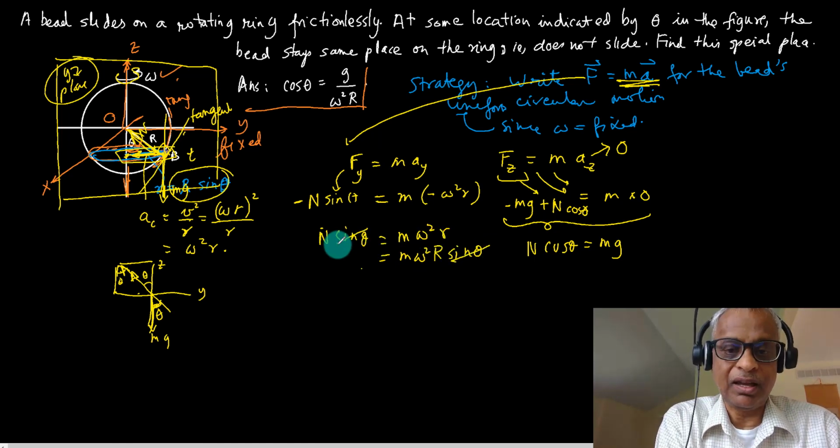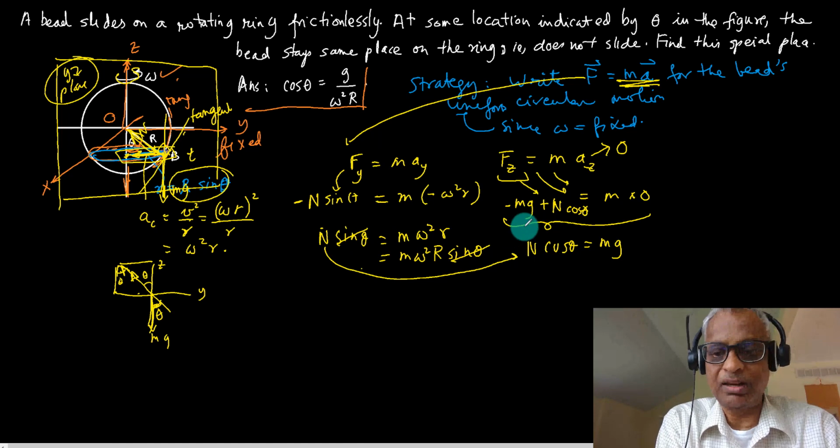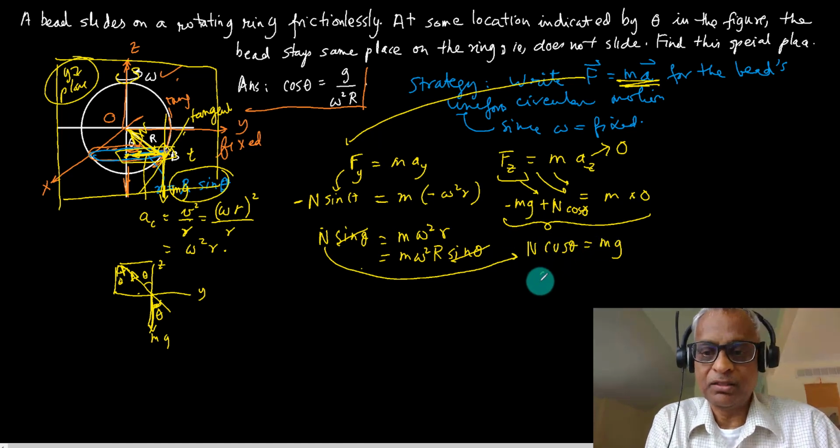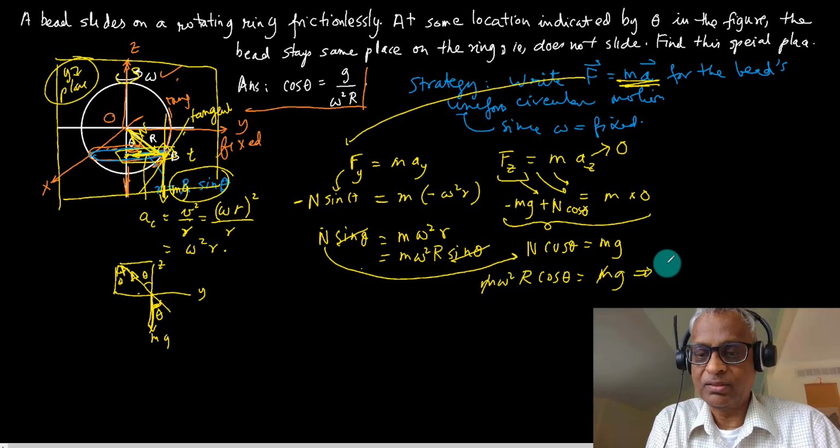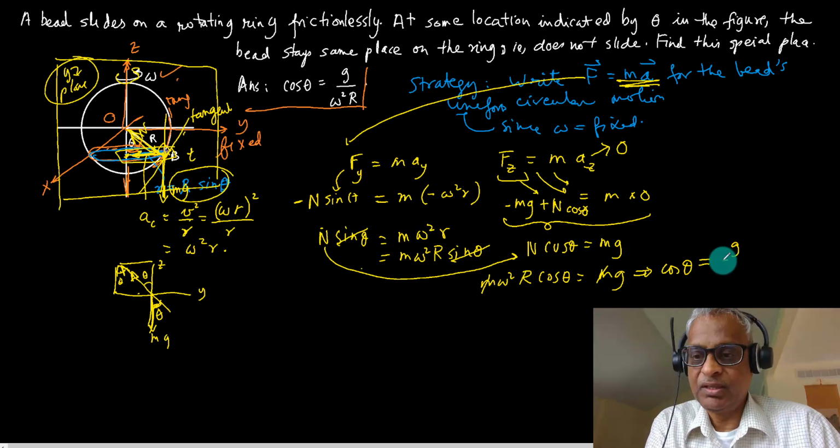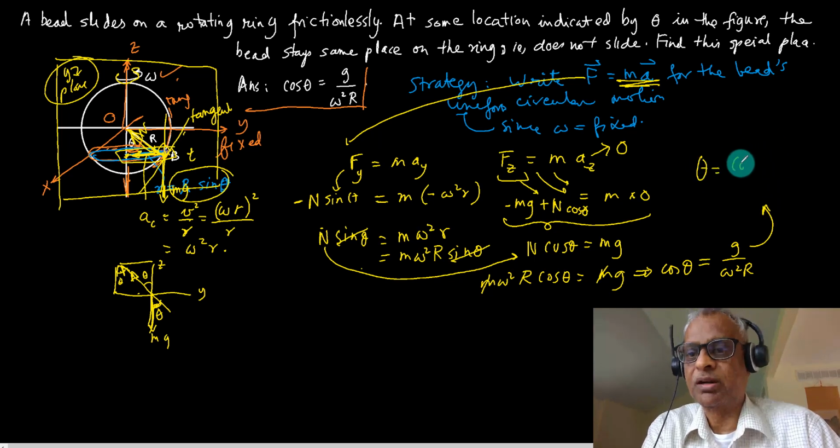So the sine theta cancels out, and I can put N here. That gives me cosine theta, m omega squared R equals mg, and m cancels out, and hence cosine theta equals g over omega squared R. This will tell me theta equals arccosine of g over omega squared R.